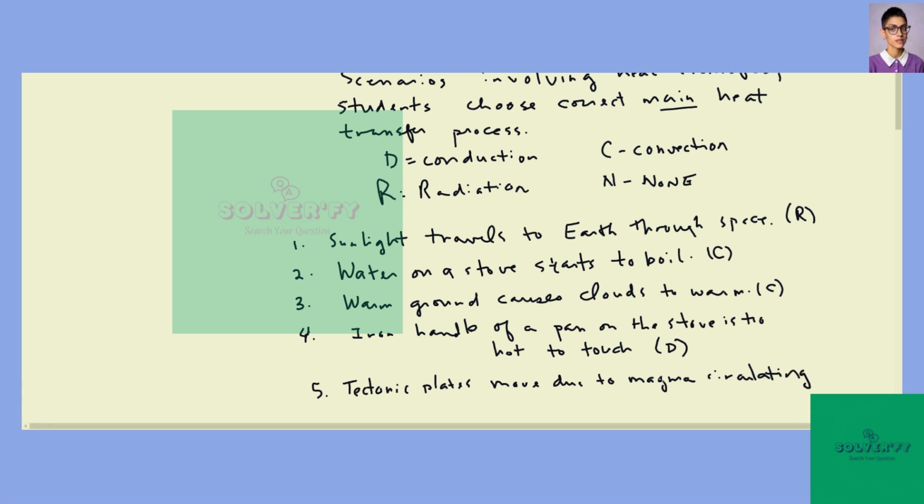So even if students didn't know what a tectonic plate was or what magma is, recognizing that we have a fluid that is circulating would lead to the idea that this is convection.